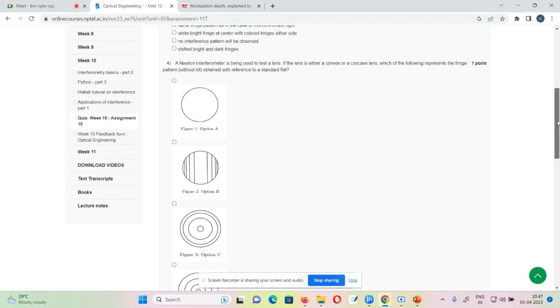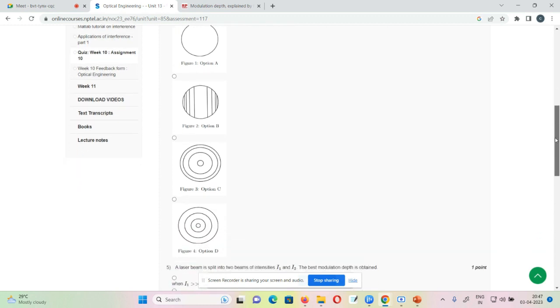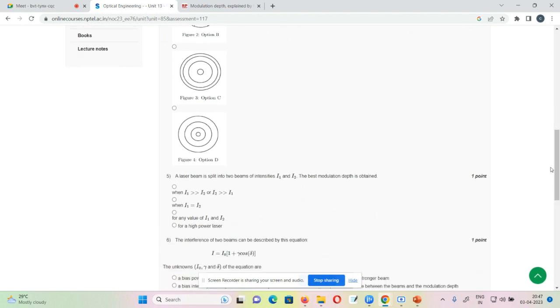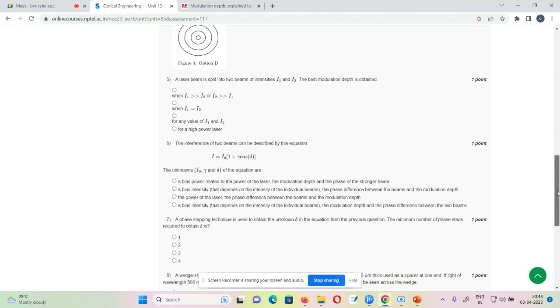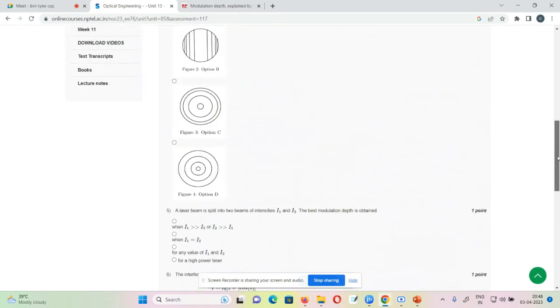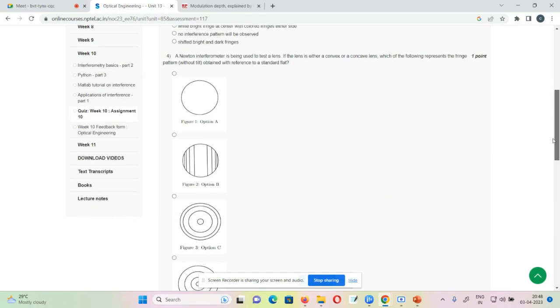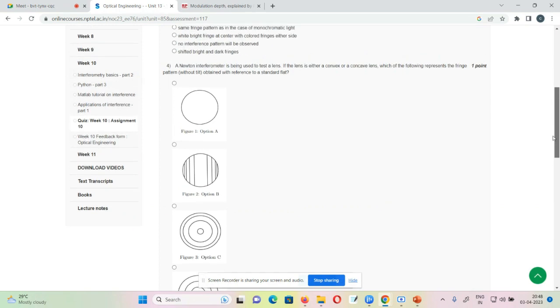This interferometer part, you people are telling. I think she described this in her lecture in a nice manner. By seeing the nature of the lines, you can understand what kind of wave fronts are getting interfered.